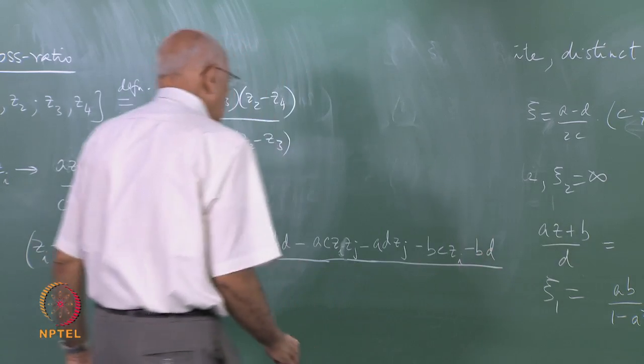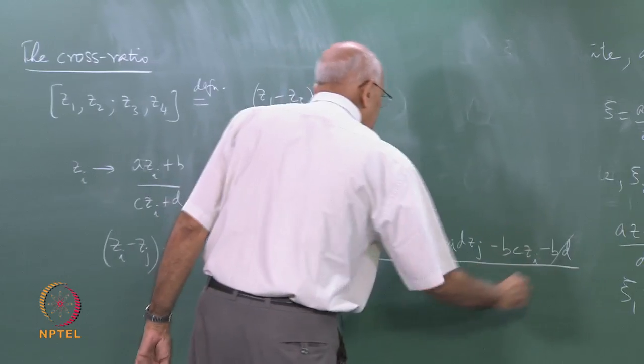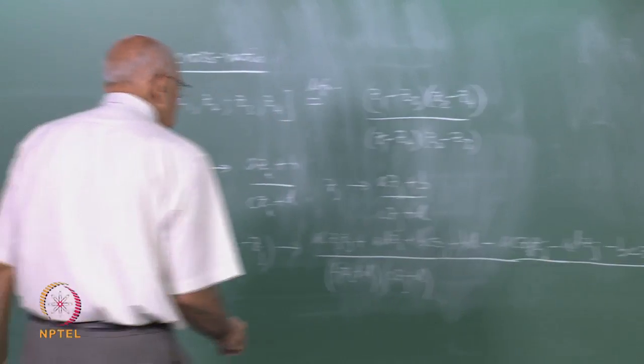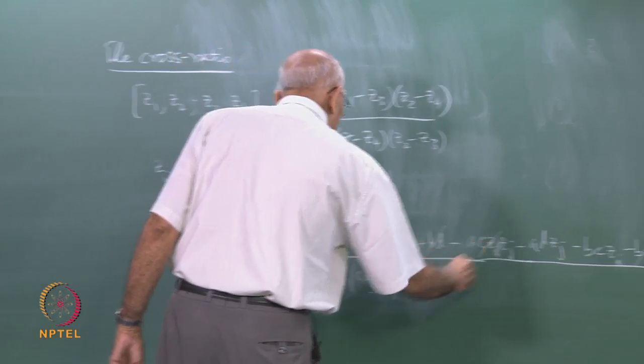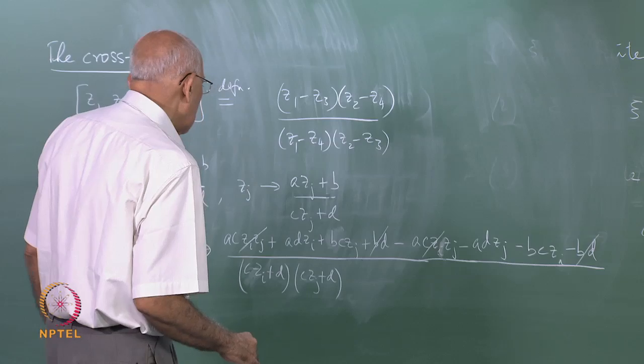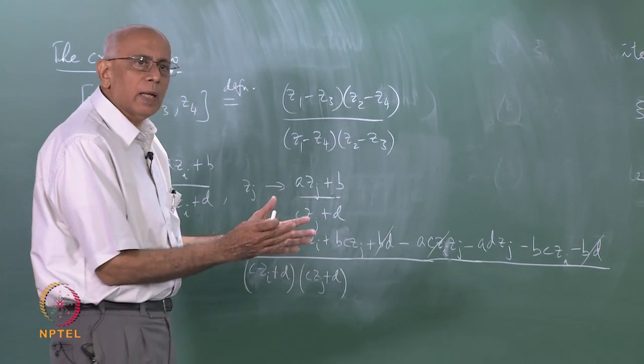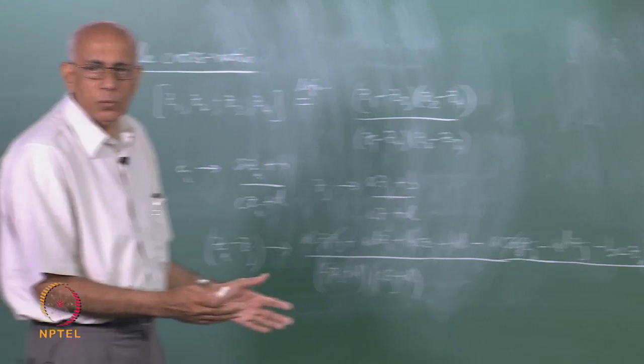Okay, and this BD cancels, and what are we left with? This stuff also cancels here, and you have AD minus BC times Zi minus Zj, but AD minus BC is 1.